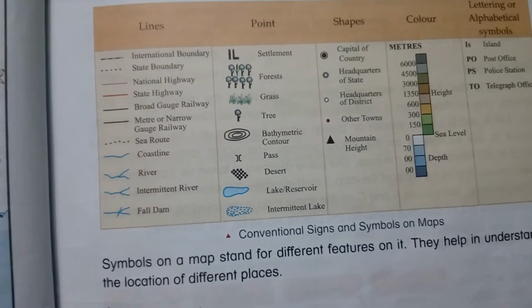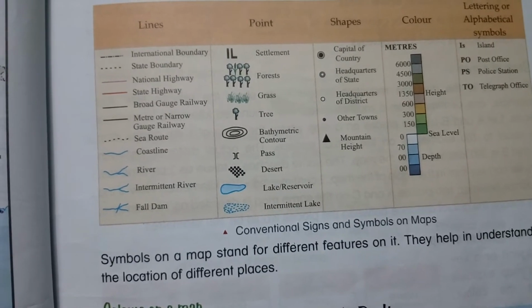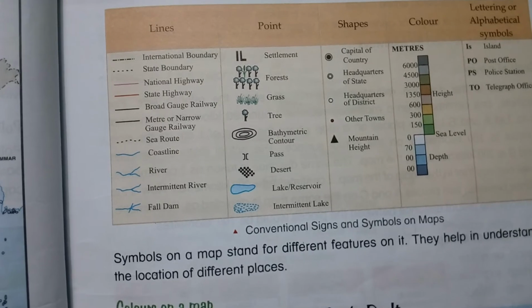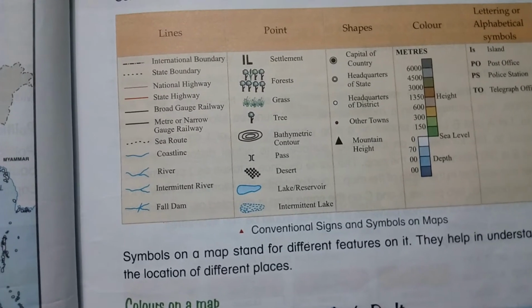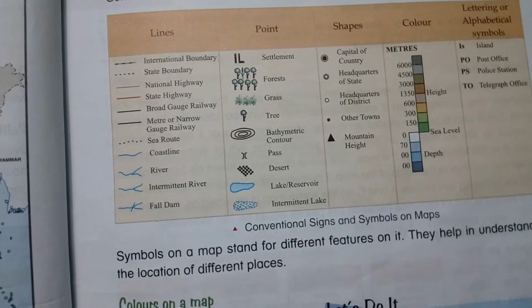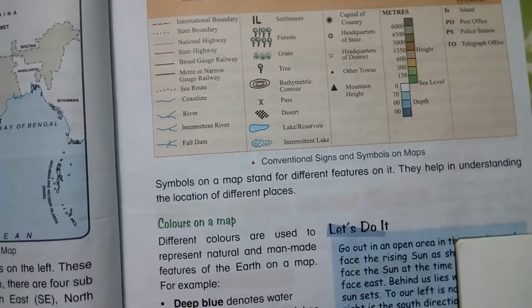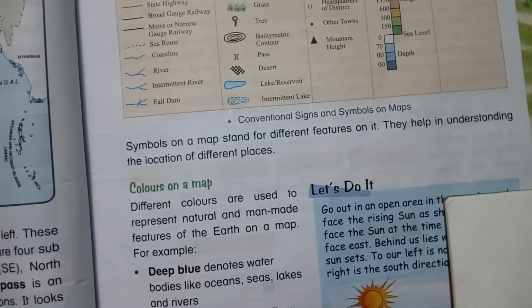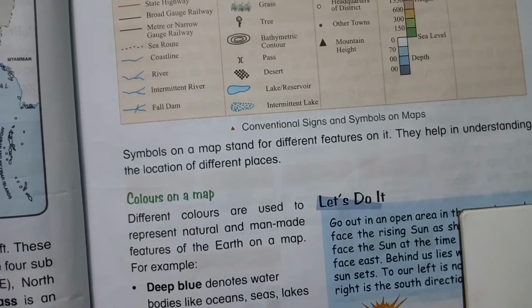So you have to memorize and practice these signs and symbols at home, so that when a map is given, you have to point them out. Symbols on a map stand for different features on it. They help in understanding the locations of different places.